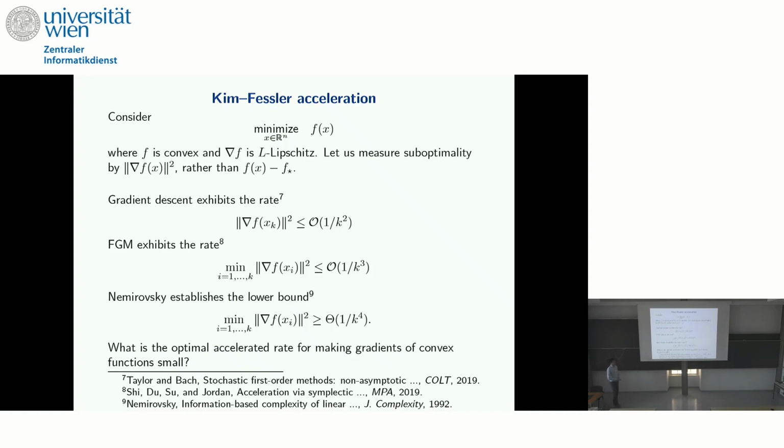Well, plain gradient descent achieves a 1/k² rate. Nesterov's fast gradient method achieves a 1/k³ rate. And then Nemirovsky's classical lower bound states that we can't go faster than 1/k². So there's a gap. Is k³ the correct rate, or is k² the correct rate?